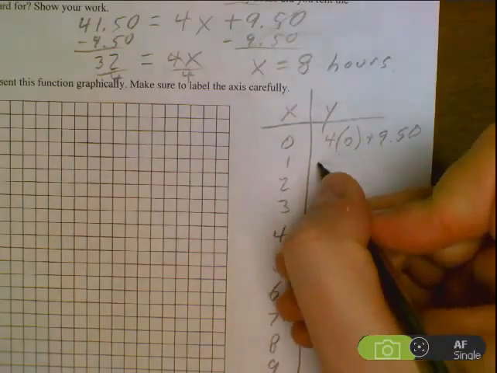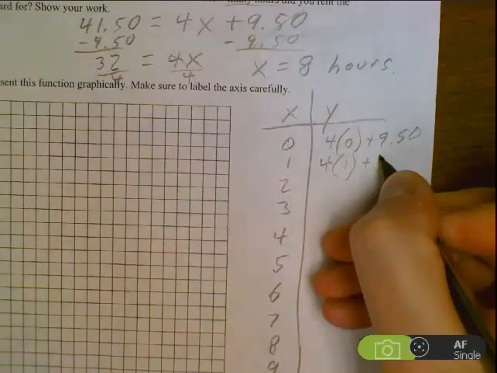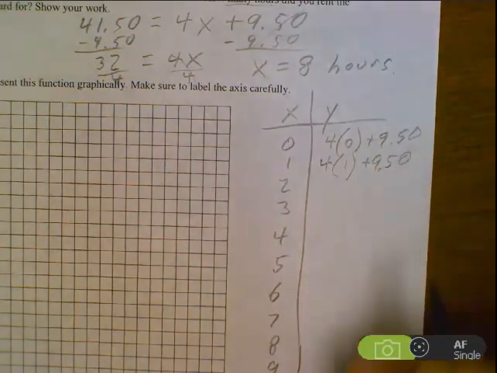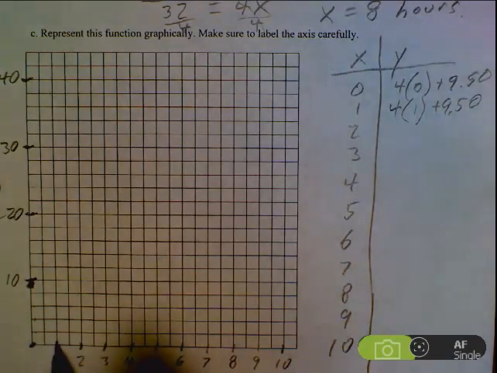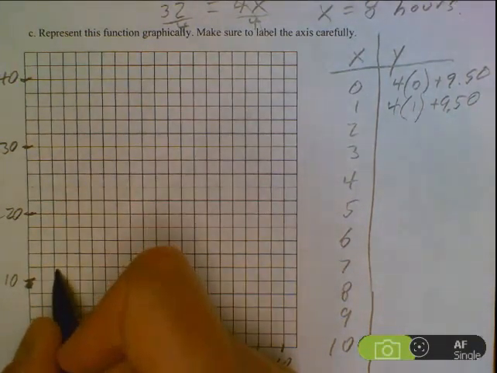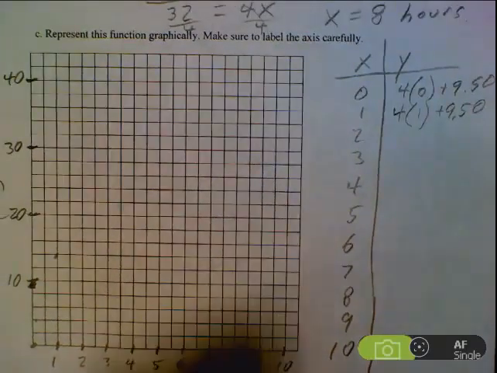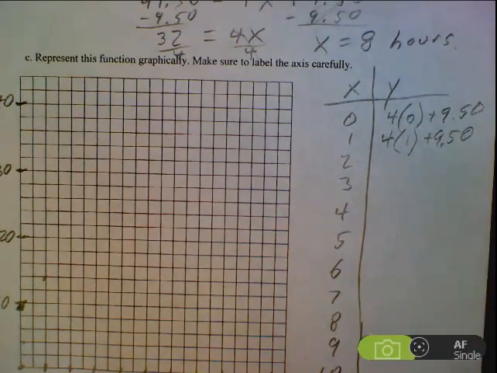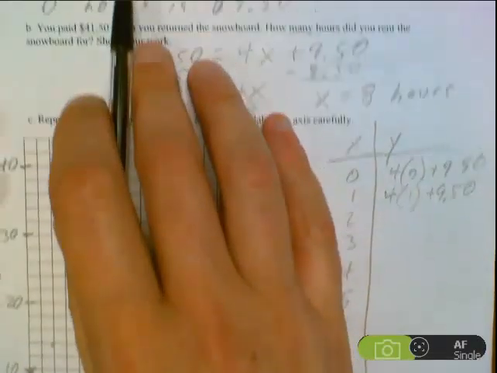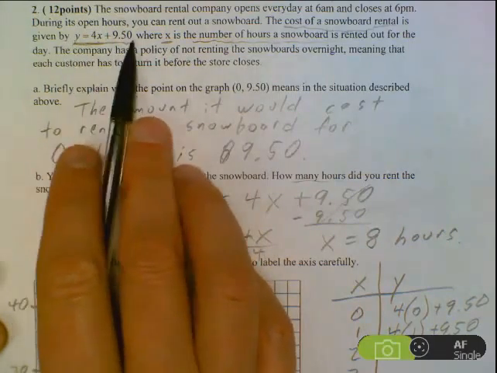Okay, so 1 hour would be 4 times 1 plus 950, and that comes out to be 1350. So at 1 hour, our output will be up here, somewhere around 15. Now the key here is we've been studying linear equations, and when we have things in this form, we know it's a straight line.